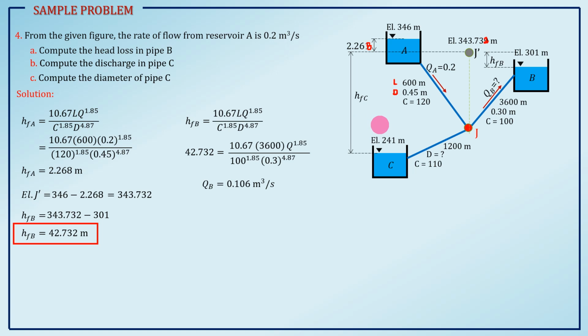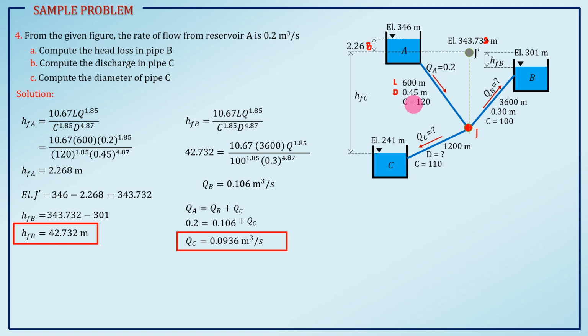First, let's get QC. QA is equal to QB plus QC. QA is 0.2, QB is 0.106, and QC is the only unknown. Solving for QC, QC is 0.0936 cubic meter per second.